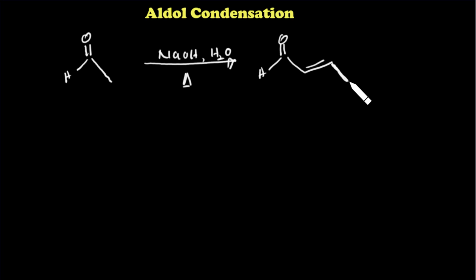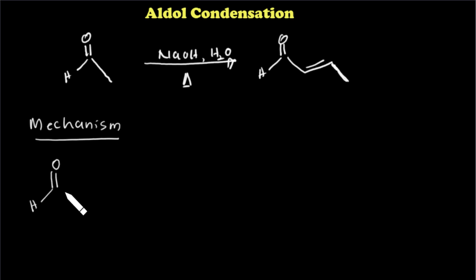We are going to talk about the mechanism for this reaction. It's very simple. Let's start with the mechanism. We have this aldehyde, and it contains alpha hydrogens.